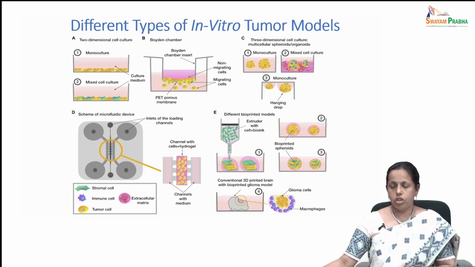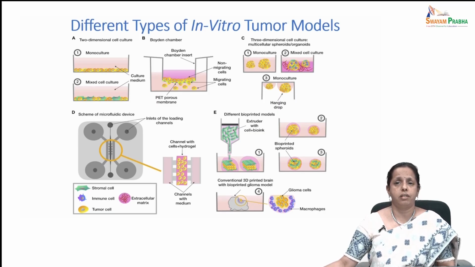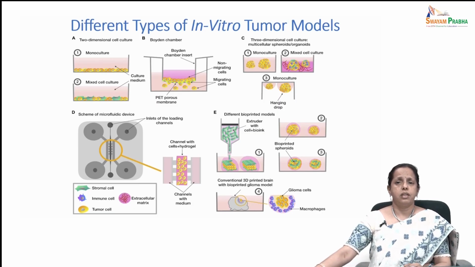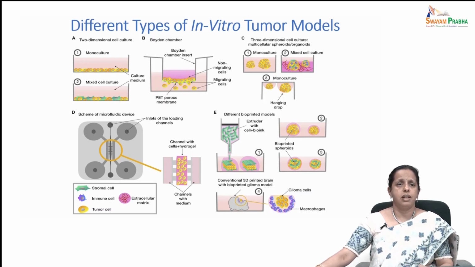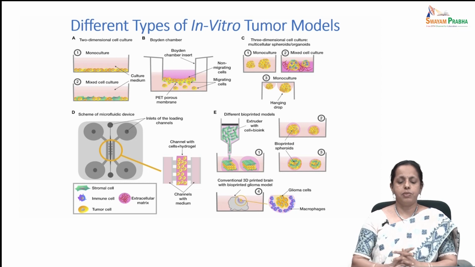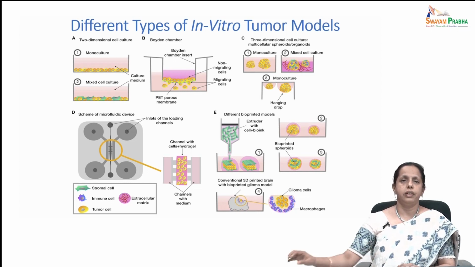And a tumor stroma model based on the co-cultivation of several cells on an extracellular matrix is an organoid based model. This scheme of a microfluidic system evaluates the invasive potential of tumor cells, which are the different types of in vitro tumor models generated.